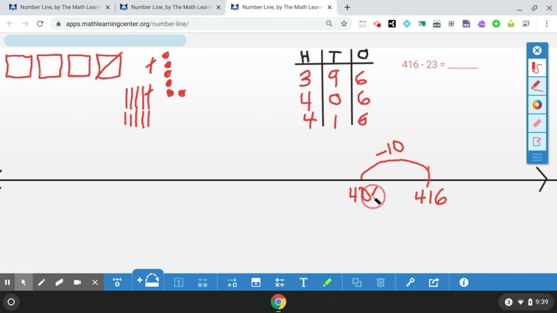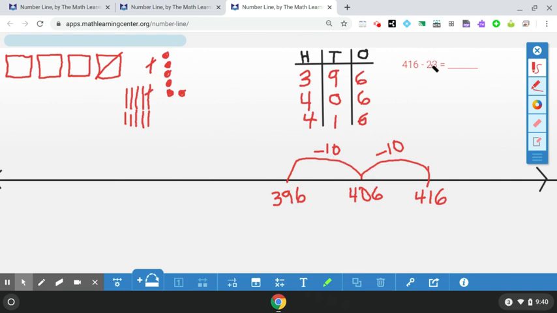And now I've got to go another 10 because I need 20 altogether. So when I go 10 less from 406, this is where it got a little tricky. And having this table helps us keep track of 10 less than 406. We now need to go into the 300s, and we're at the 90s now. 396.